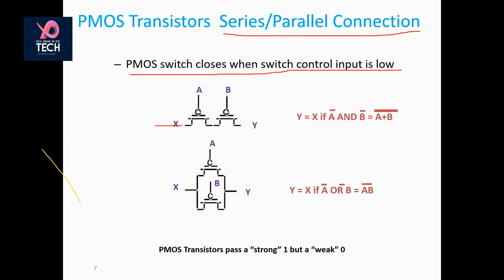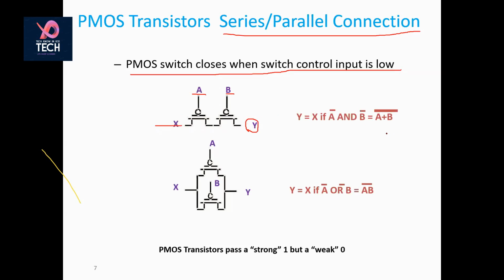It means when A is 0 and B is 0, then whatever we are having at X will be reflected at Y. So to have this series connection working, both of them should be 0. And if any of these two is high, your input will not be reflected at the output.